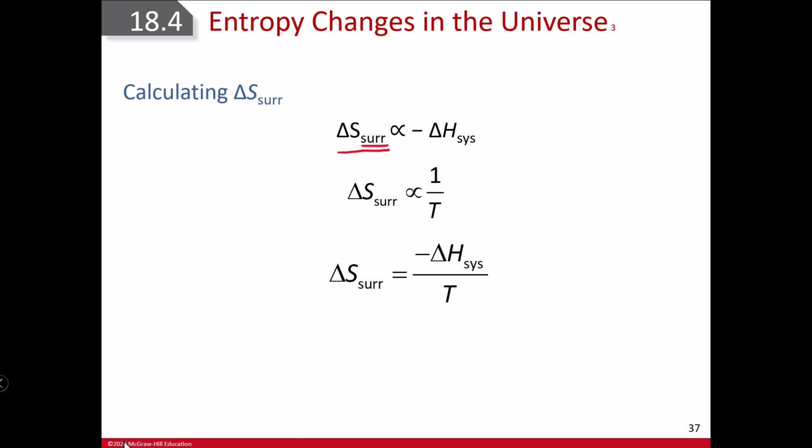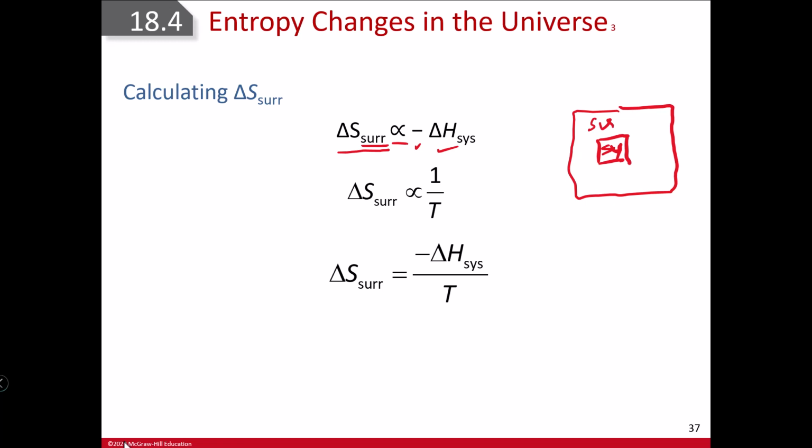And you go, what's the surroundings? Well, the thing you're interested in is called the system. I'll call it SY here. Everything surrounding the system is your surroundings. We'll call it SU. And together these make up the universe. So SY here, SU outside. So the entropy of the surroundings is proportional to negative the delta H of the system.